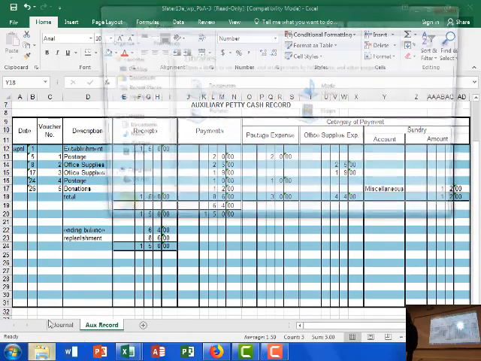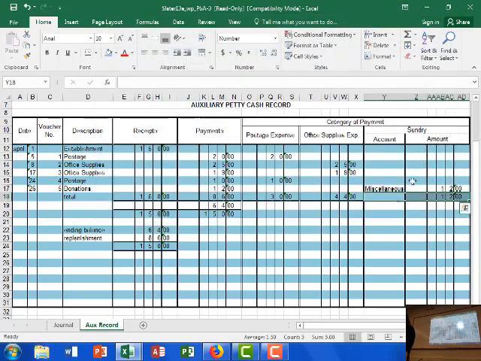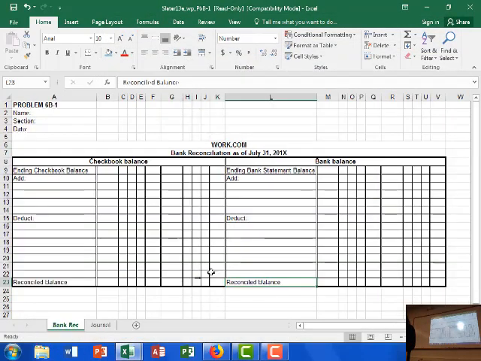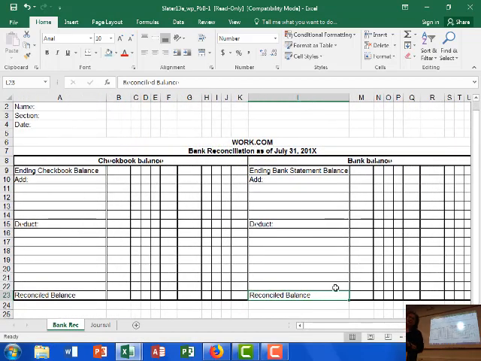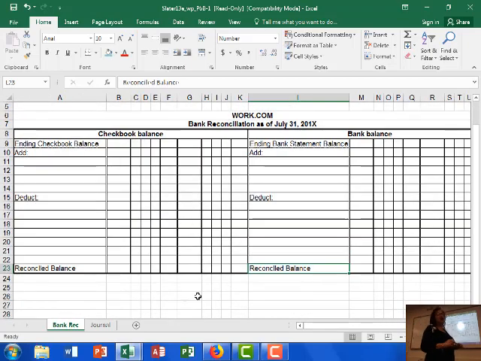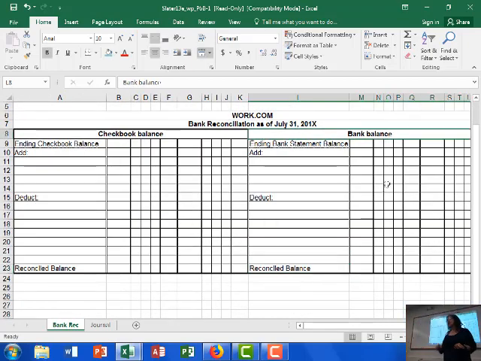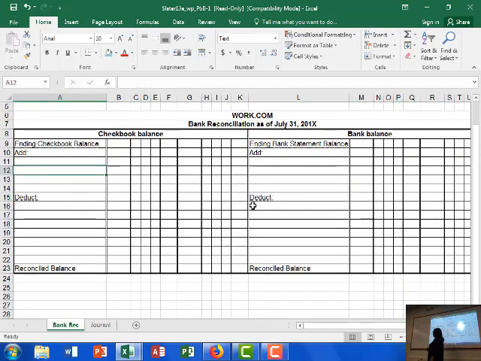Now, the next one, for work.com, you're going to be doing the same thing. The only difference is you need to make sure you're doing a bank balance. It's not an auxiliary. It's where you're reconciling to the bank. It's a little different, okay?